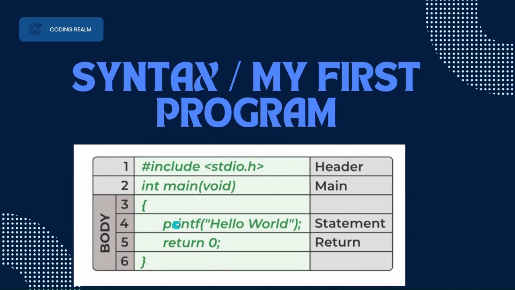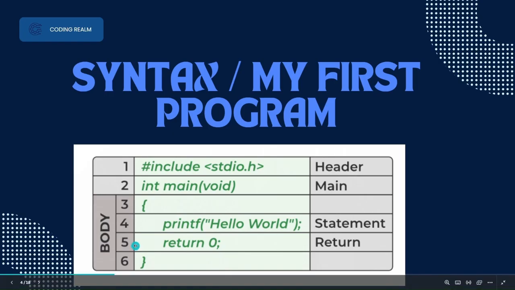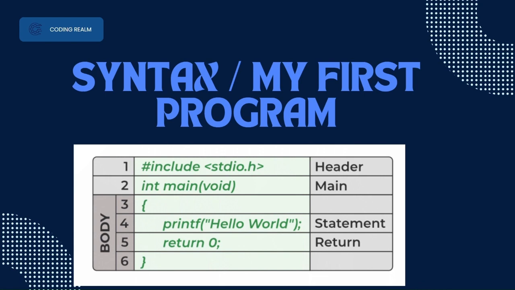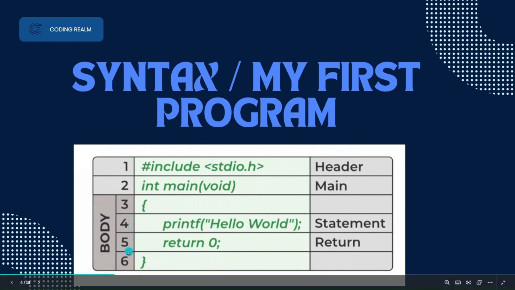Line 4 we have a statement, printf, it's an output, printf hello world. And in line 5 we have return 0, and line 6 is the end of the body. I close the braces. Lines 3, 4, 5, 6 are the body of the program.